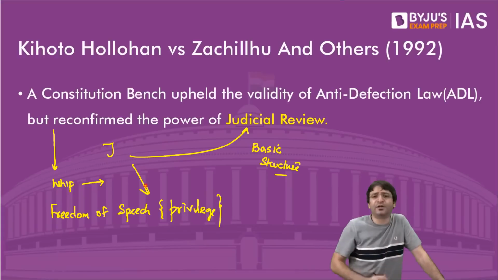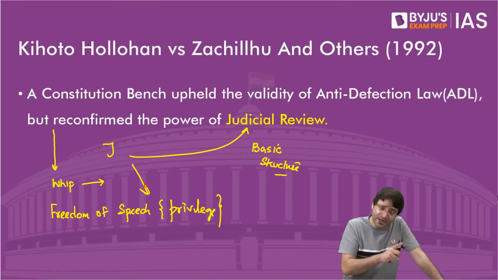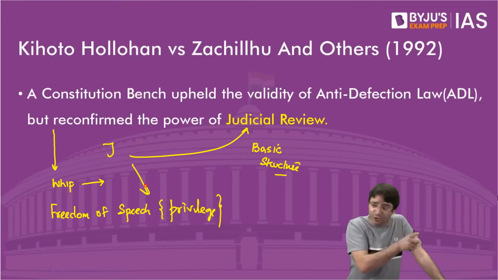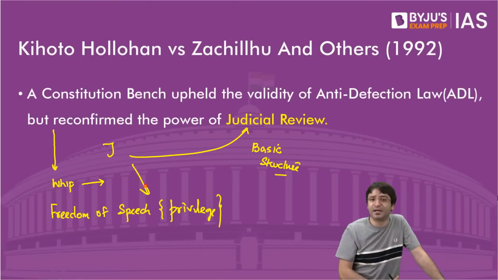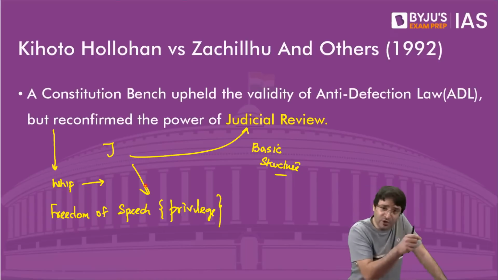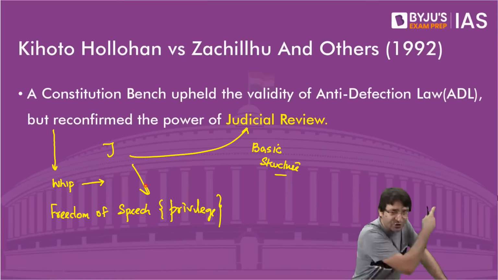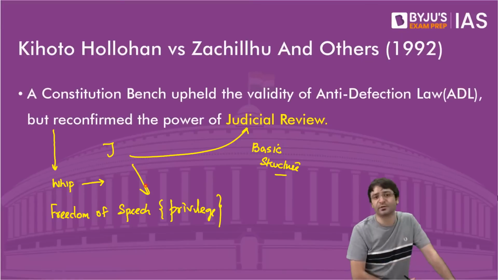Don't be part of that political party. But once you have been given a ticket by the political party, on that ticket you got elected, you have to abide by their directions. So anti-defection law is not unconstitutional. But the only unconstitutionality is when you say the power of the speaker shall be binding and final, which would snatch judicial review, which is part of the basic structure.